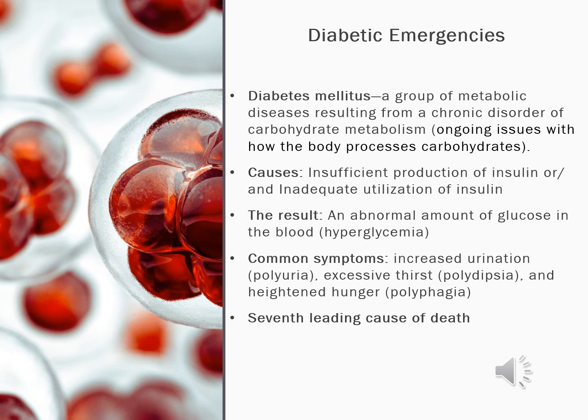Insulin, a hormone normally produced by the pancreas, regulates blood sugar levels. In diabetes, this regulation is disrupted, leading to high blood sugar levels, also called hyperglycemia, and various metabolic complications. Common symptoms include increased urination, called polyuria, excessive thirst, and heightened hunger.